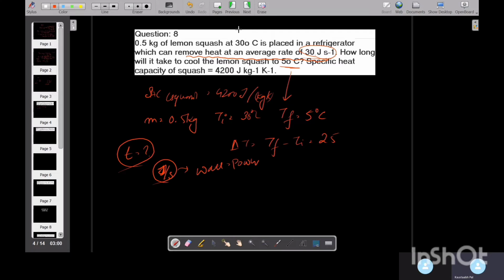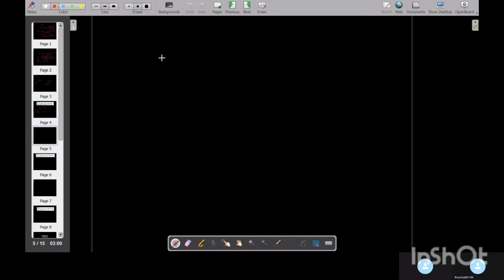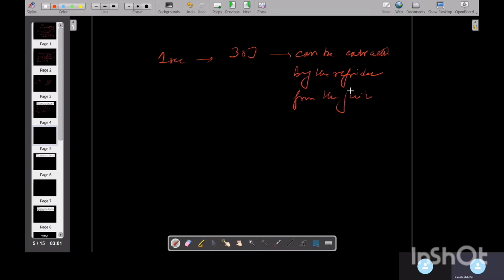So from this statement, what you can get is in 1 second, 30 joules of energy can be extracted by the refrigerator from the juice, right?